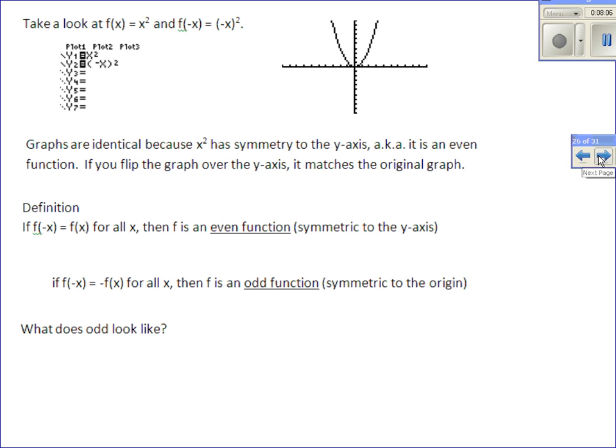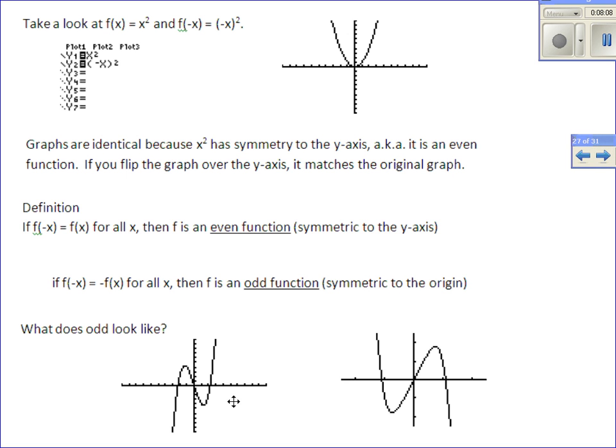So what does odd look like? Here are a couple odd functions. I think it's easiest to think of it this way: take the function, flip it over the x-axis, flip it over the y-axis, and then it matches exactly the original piece. So take one piece, flip it over this way, flip it over this way, and we get that mirror image.